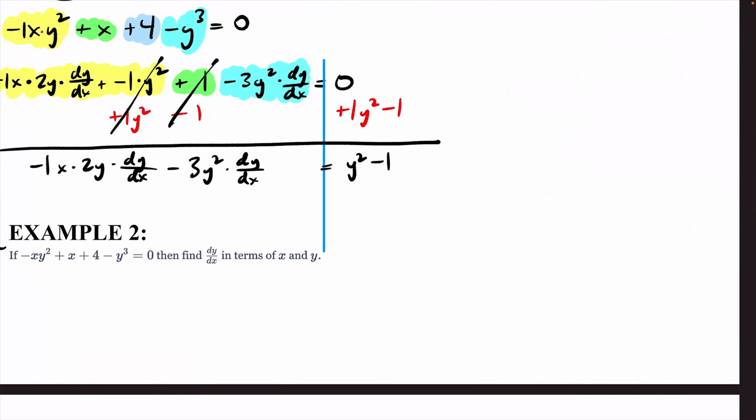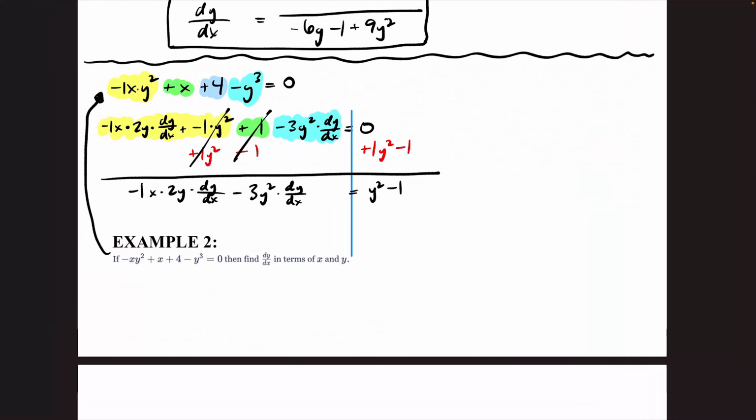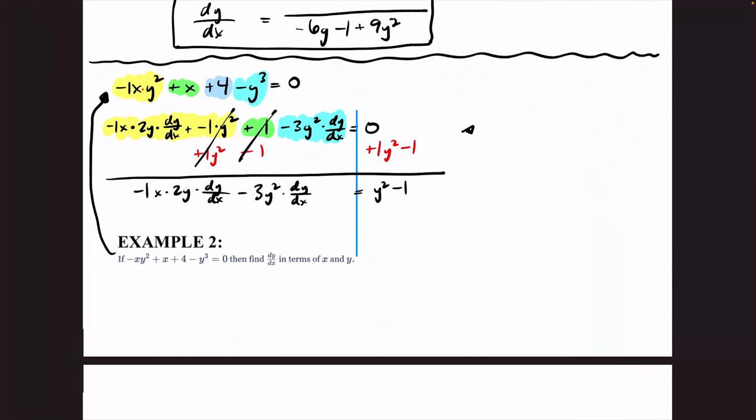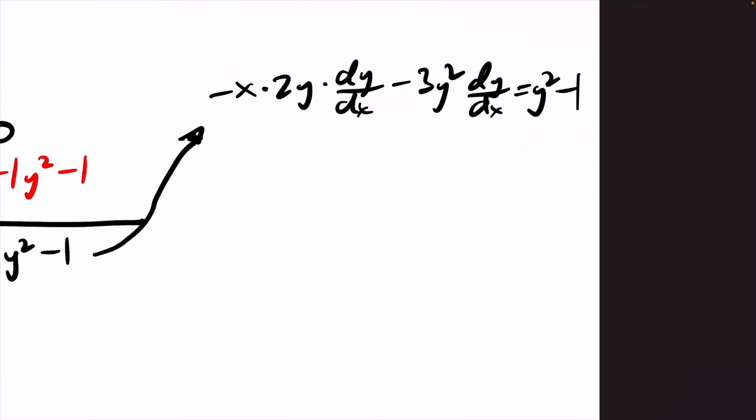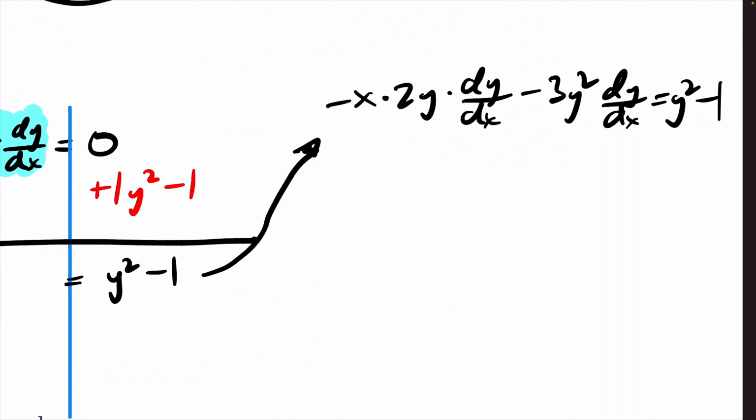I'm going to move over here because I'm running out of room. So I get negative x times 2y dy over dx minus 3y squared dy over dx equals y squared minus 1. Since my dy dx terms are on the same side, factor out a dy over dx.